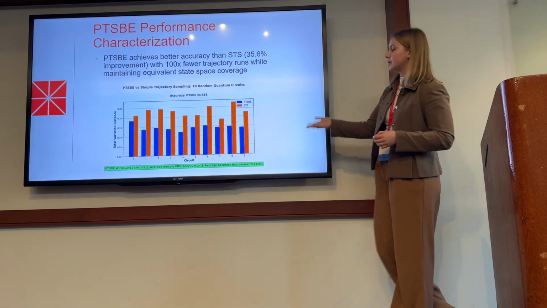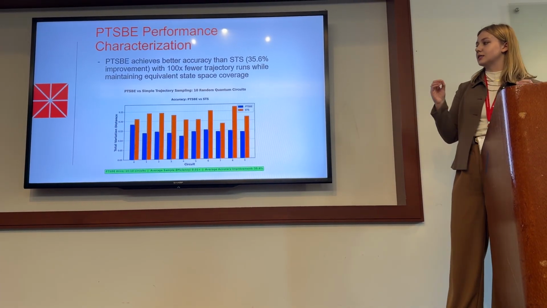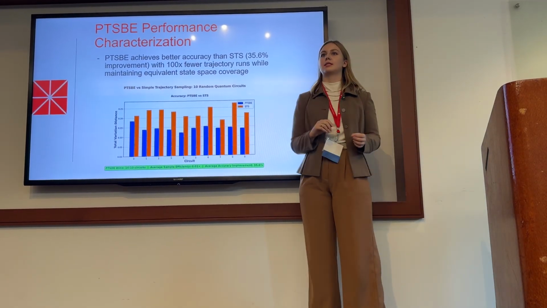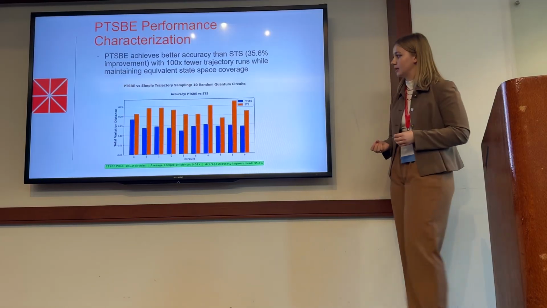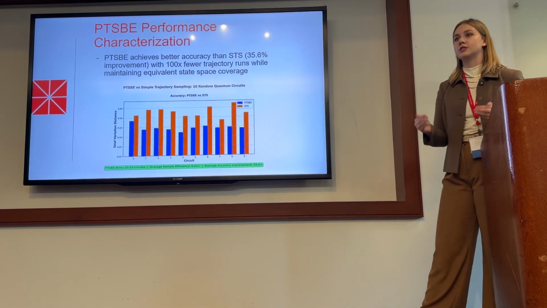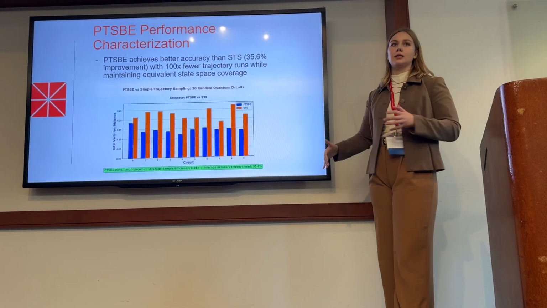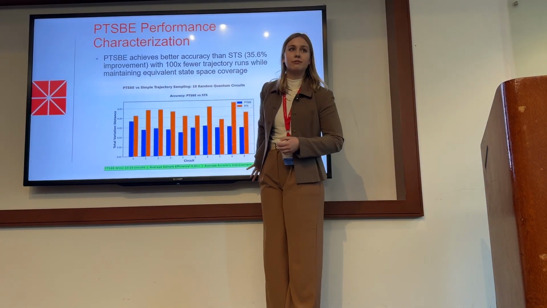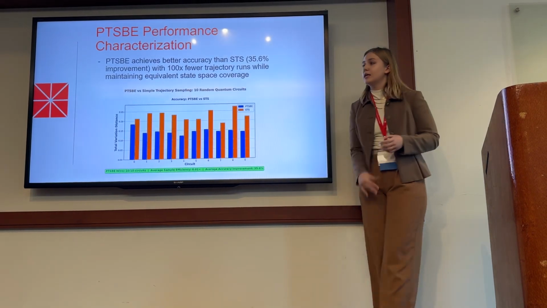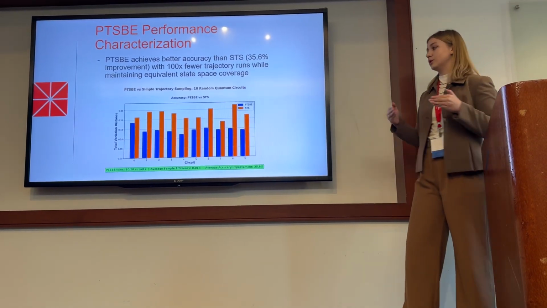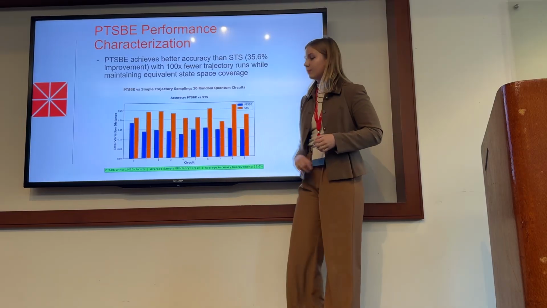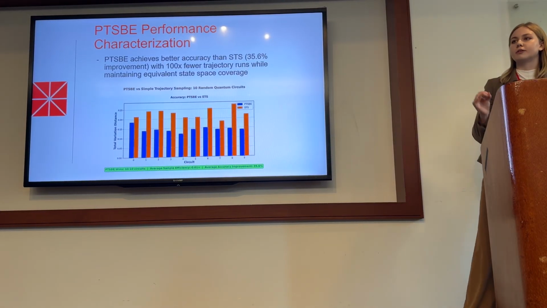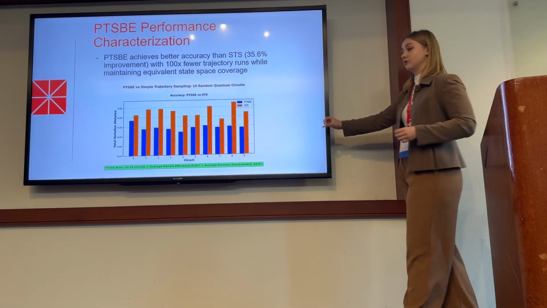As you can see, PTSBE is experiencing a significantly lower error rate, and it also has a 35.6% better accuracy than STS does. Both of these methods are converging to the density matrix, but PTSBE is doing it much faster. If we look down here, here are our key findings. We see that PTSBE is winning on 10 of the circuits, which is huge. What we also see is the sample efficiency of 0.01 times, which means that we are using 1% of the trajectory runs that STS usually does.